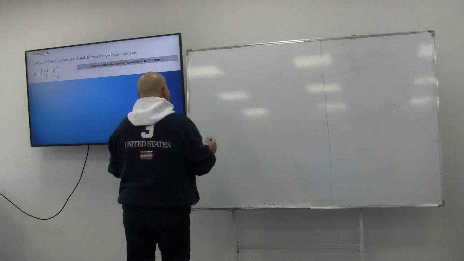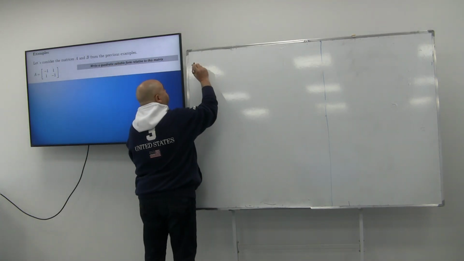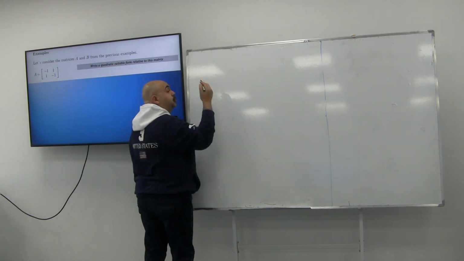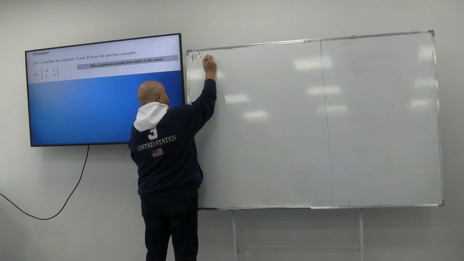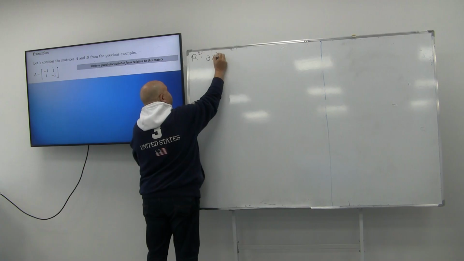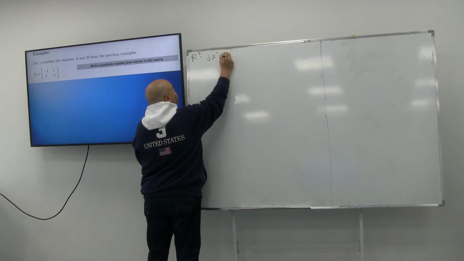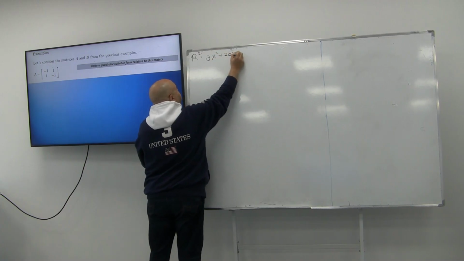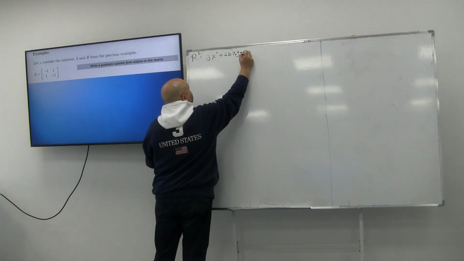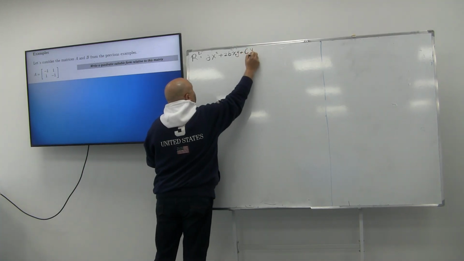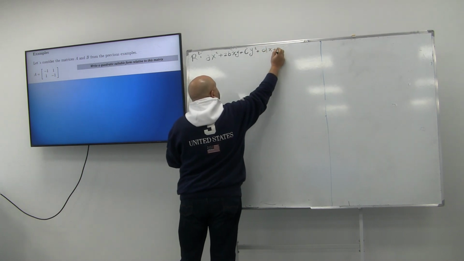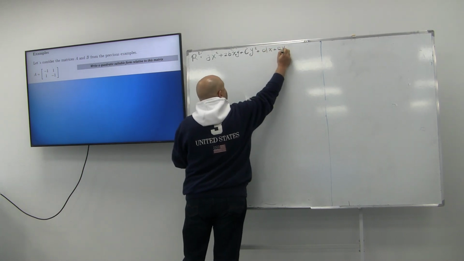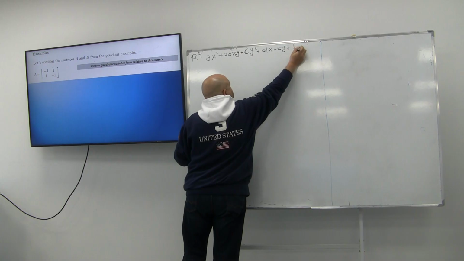Quadratic forms could be of this form. Listen to me, please. If I'm in 2D, in R2, a quadratic form could be A x squared plus, let's say, 2p x y plus c y squared plus some d times x plus some e times y plus some f equal to 0.